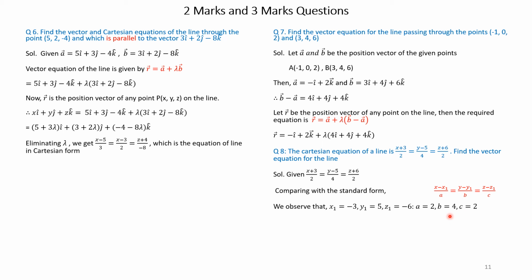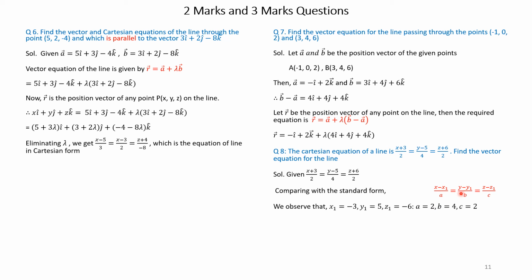If you compare, the standard equation is x minus x1, whereas we have x plus 3. Therefore, x1 is equal to minus 3, and a in the denominator is 2. So a is equal to 2.